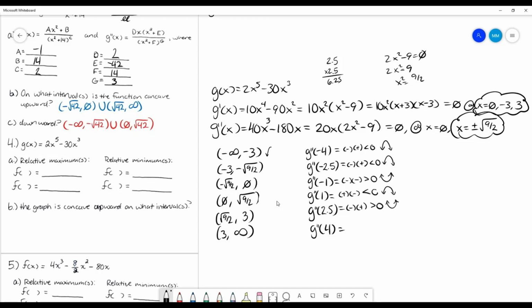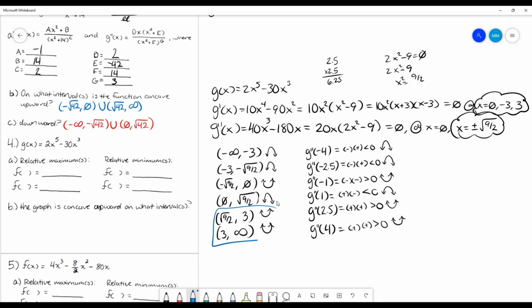There we go. Okay. Whoops. Glad I caught that. And then plug in a 4, that's going to be positive and positive, which is concave up.